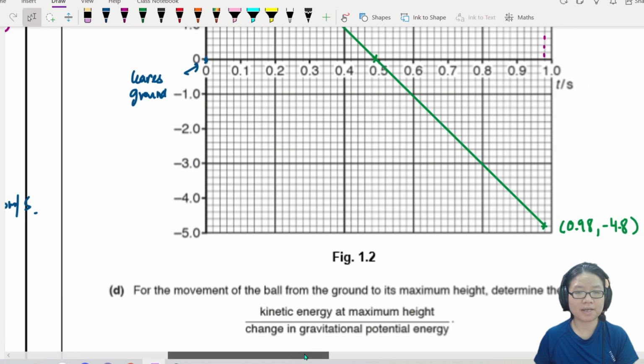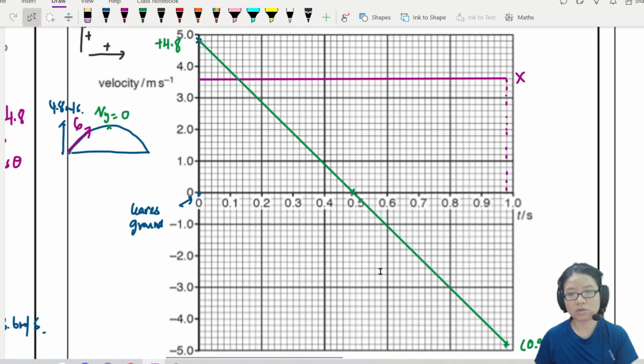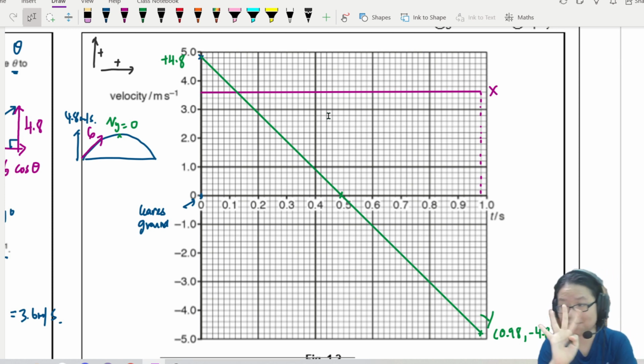Okay, if your line is good. So this is your line Y. Okay, so graphing questions are very common. Here itself, you already got 4 marks, drawing 2 lines properly.